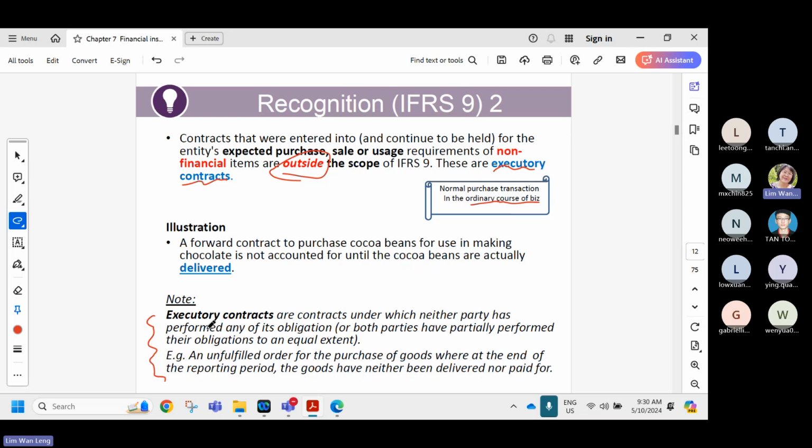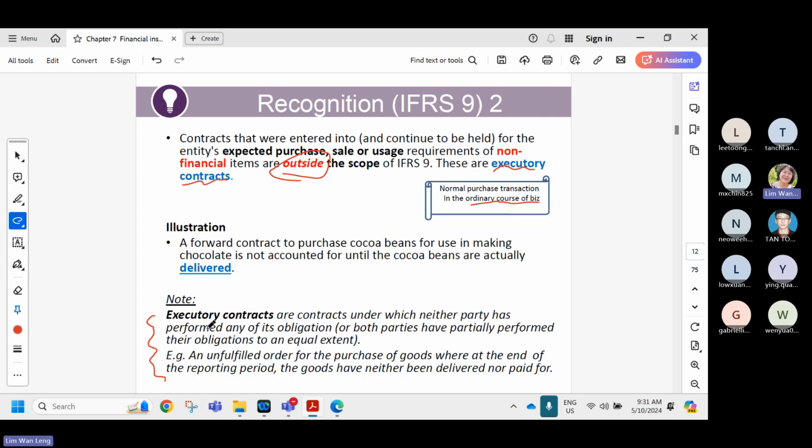Maybe what you can visualize is this: you call up the supplier and tell the supplier, I want to make an order for delivery of 300 tons of this raw material A. So it is just a contract that you have entered into for the raw materials. But after this call has been made, there are no further actions taken by either party. So they just jot into the books, oh, so and so company called up and wants to order this.